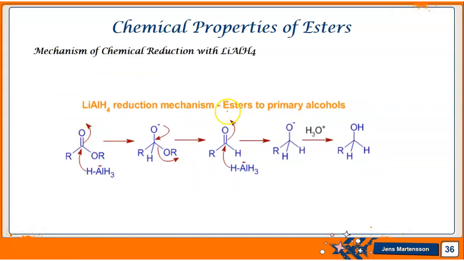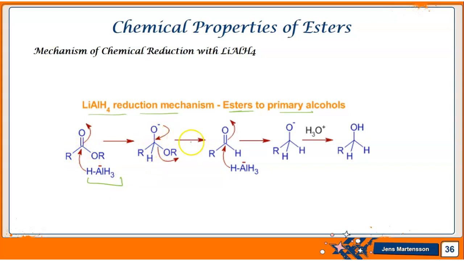So this is the LiAlH4 reduction mechanism, where your esters are reduced to primary alcohol. It is similar to what we have discussed in the previous slide. Oxygen will attract the shared pair of electrons towards itself, and this carbon will be accepting hydride ion from this particular LiAlH4.